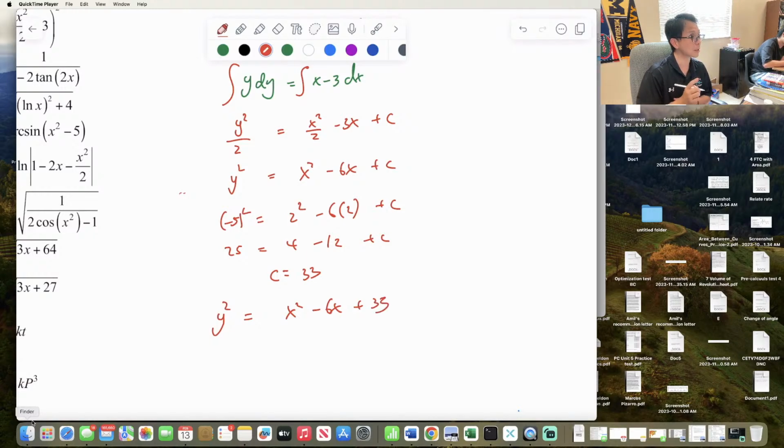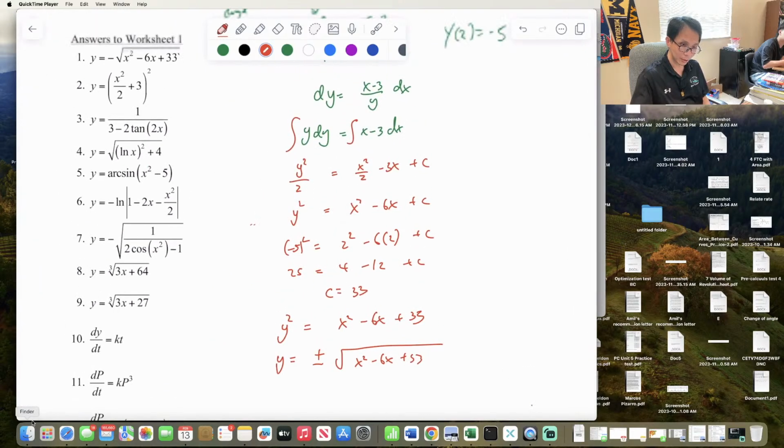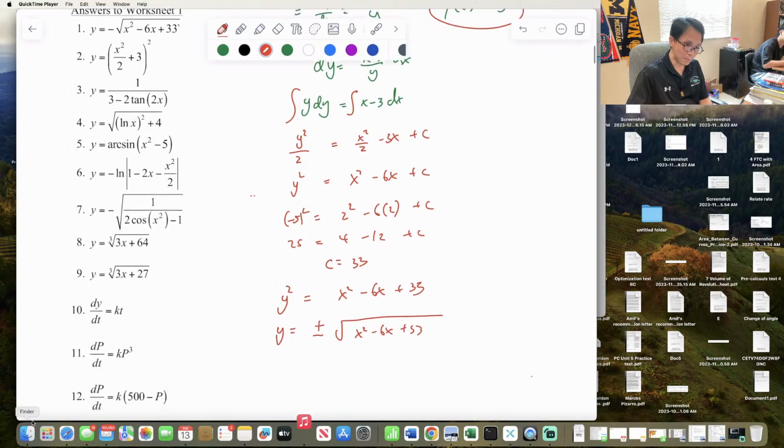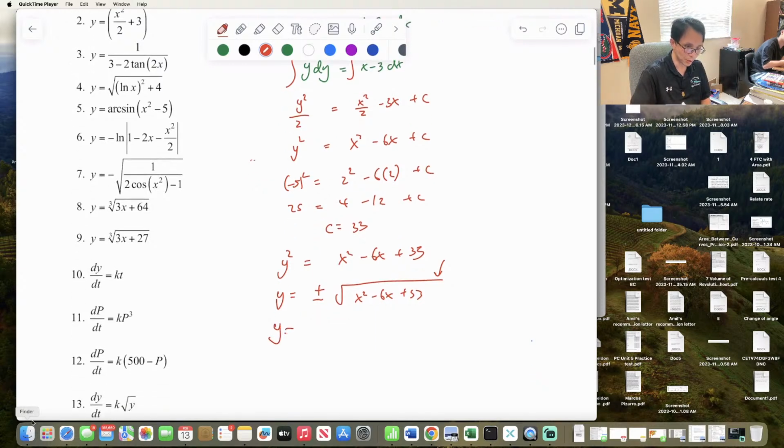Now, here's the interesting part. We always have to solve for y, so what do I have to do? Square root. And there's a plus or minus, people, don't forget. Now remember, look at your initial conditions, right? Plugging in 2 is going to give you negative 5. So in order to get negative 5, because the square root of something is always positive, that means we have to choose the negative version of the equation.